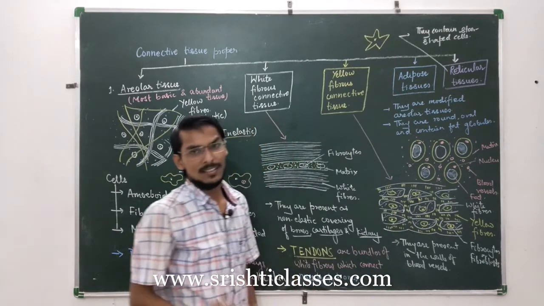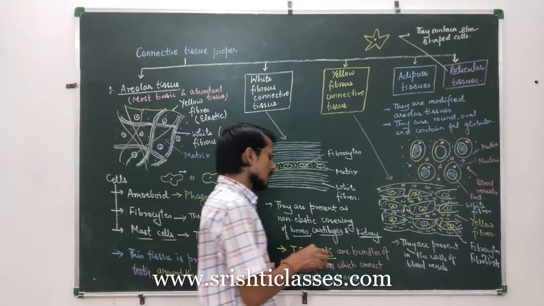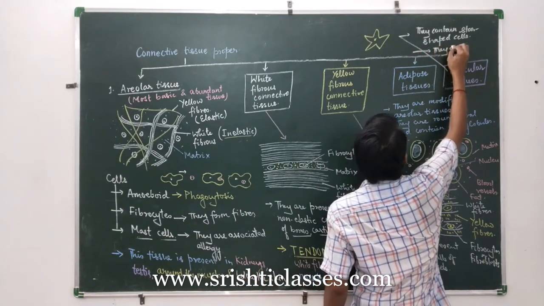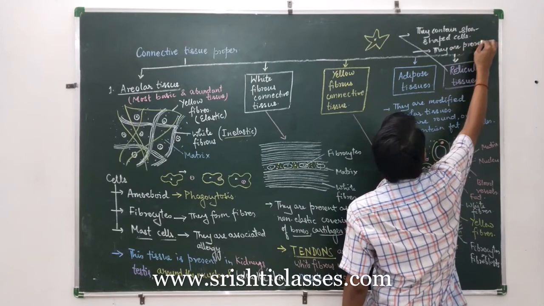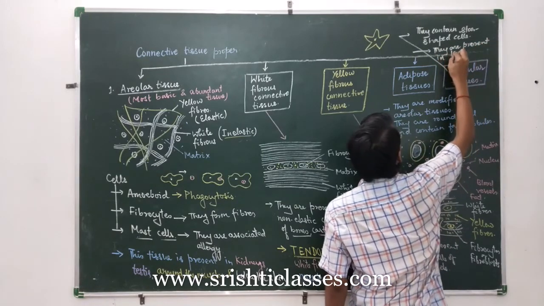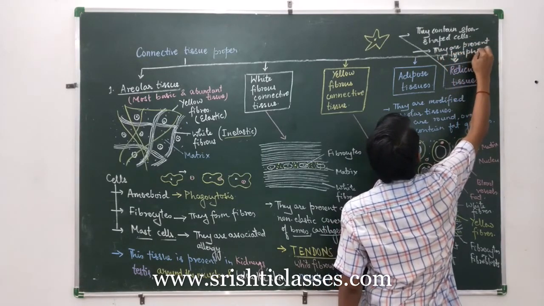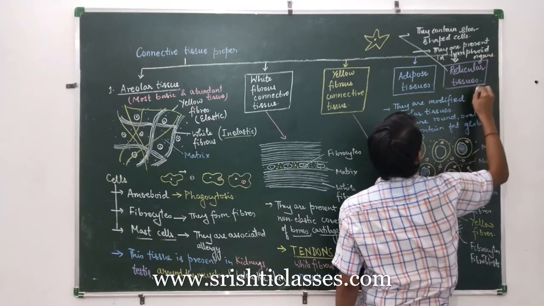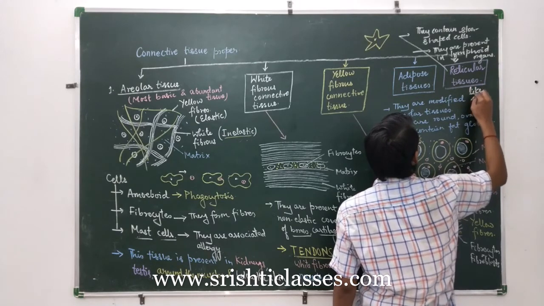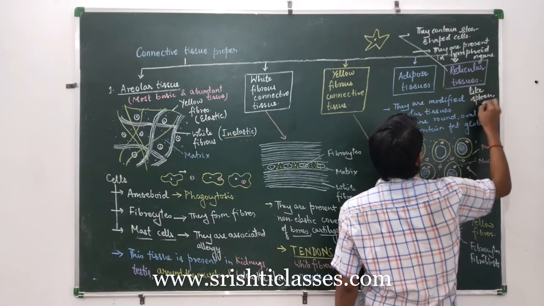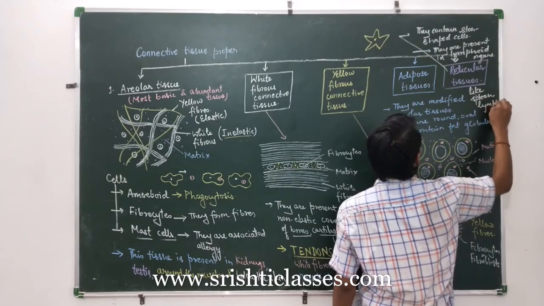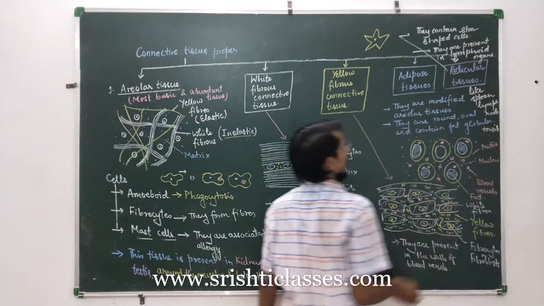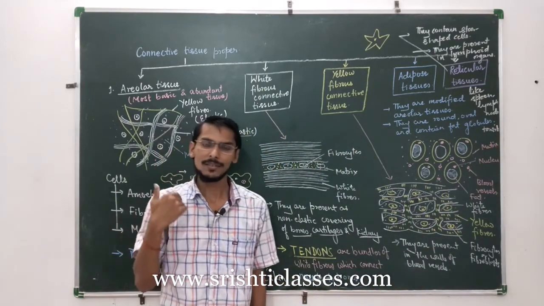Okay. Star-shaped cells. They are present in lymphoid organs like spleen, lymph node, tonsils, etc. These are some parts where reticular tissue is present.